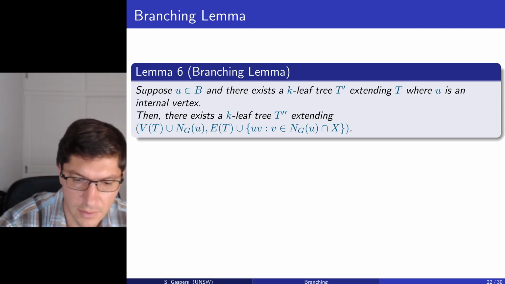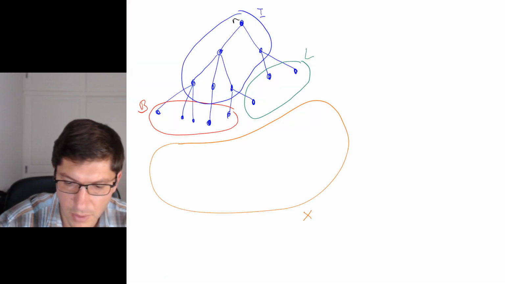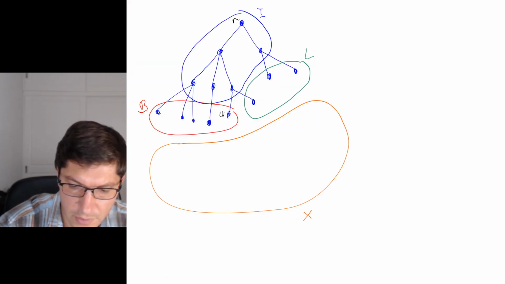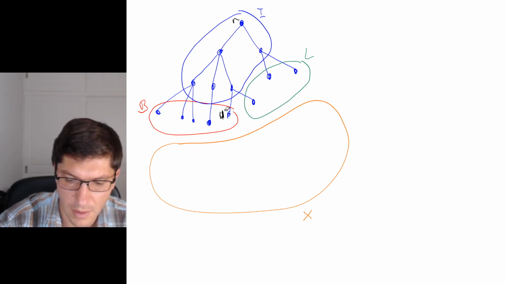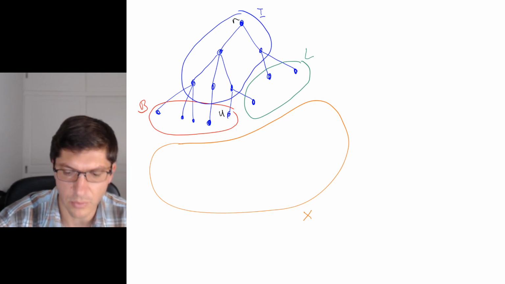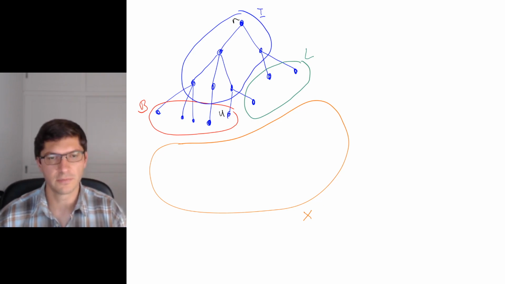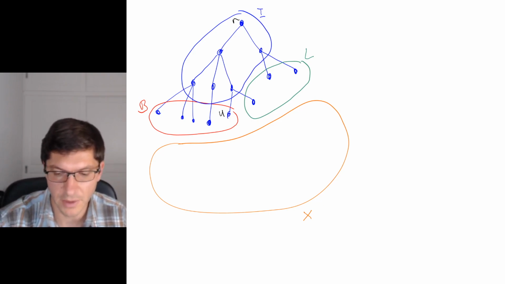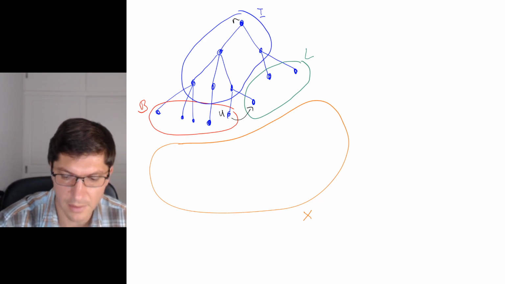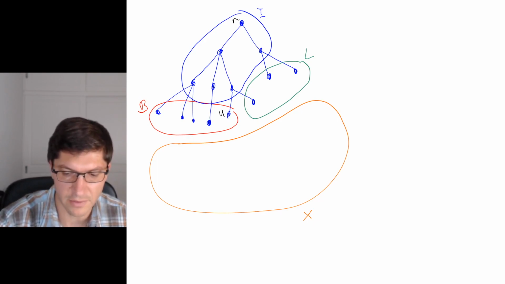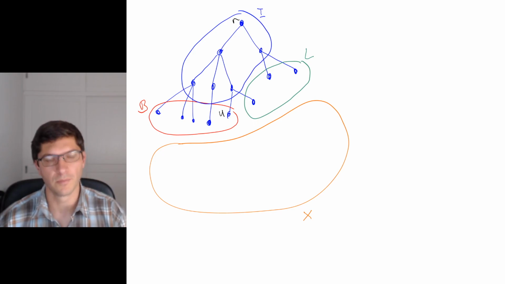If we have a vertex in B, usually we consider two options. Either U becomes a leaf, or it remains a leaf, in which case we move it into L, or we somehow extend the tree at U.